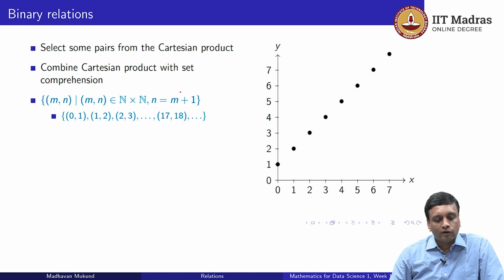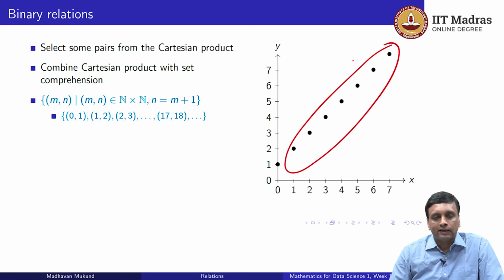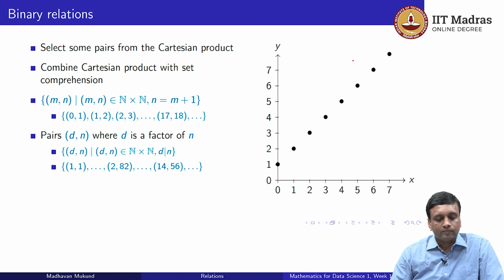So we get, for instance, (0, 1) because the second number 1 is 0 plus 1, (2, 3) because 3 is 2 plus 1, (17, 18) and so on. And if we plot these points alone on the right, then we get these. So we get a subset of the overall points, and these points satisfy this set comprehension condition.